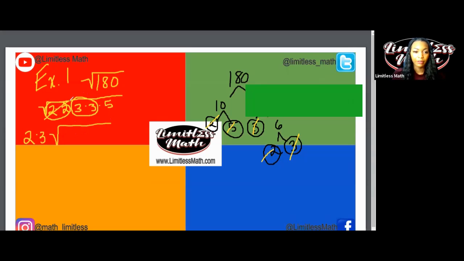All right, so I got rid of the 2's, got rid of the 3's, and then the 5 is left inside, okay? And then we just want to simplify this as much as possible. So 2 times 3, right, is 6, and then square root of 5. That is our solution. We have simplified the radical, square root of 180, using prime factorization.